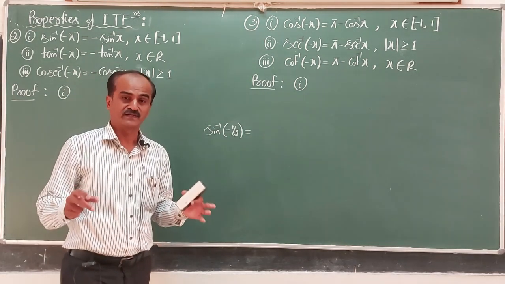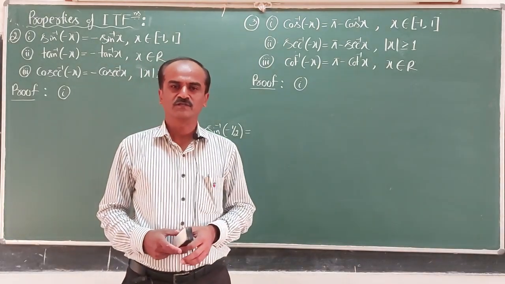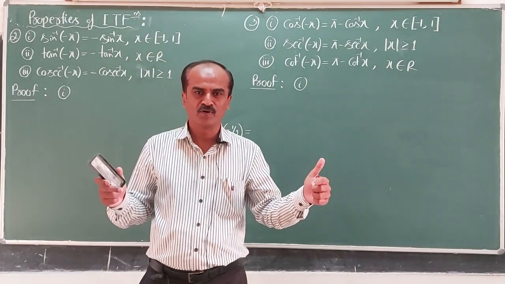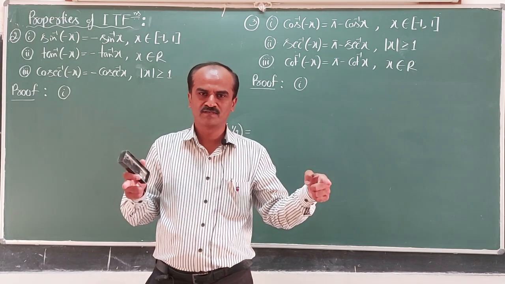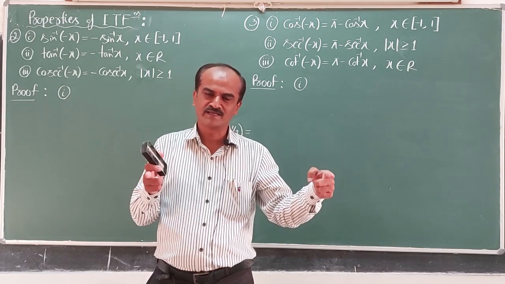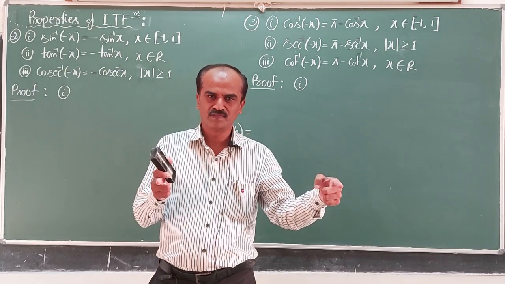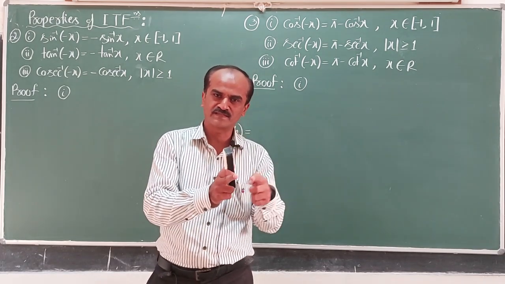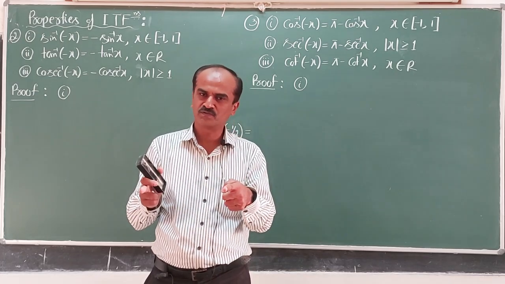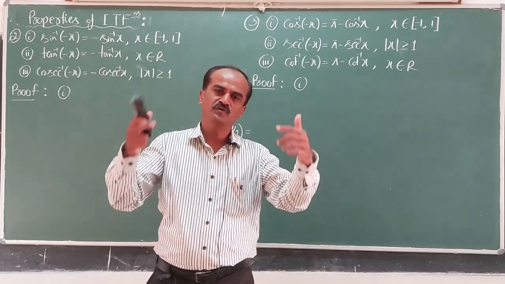That was the method we were using, with the help of a line showing that the inverse of the sine function will lie in the range minus 90 to plus 90. If x is positive, it is 0 to pi by 2. If x is negative, minus pi by 2 to 0. With that help you used to find it out.